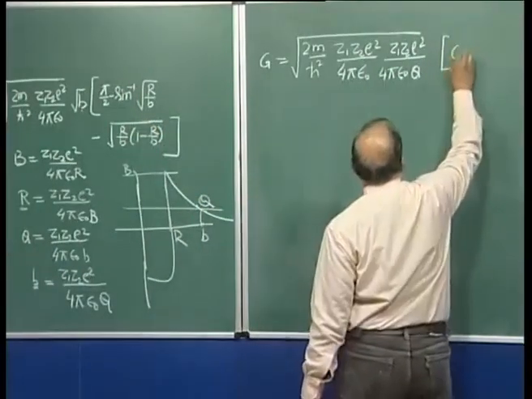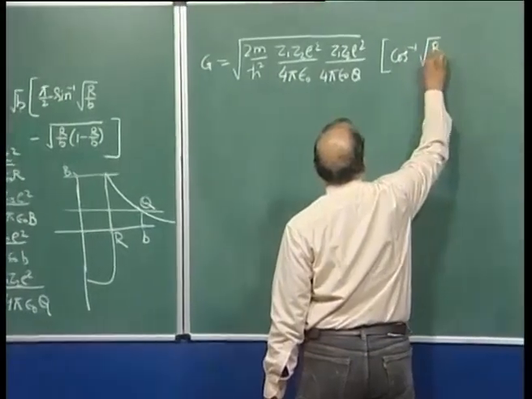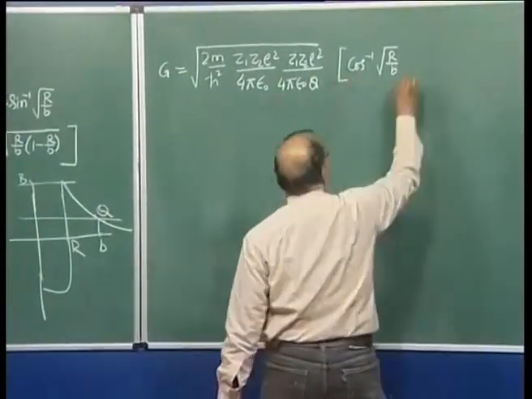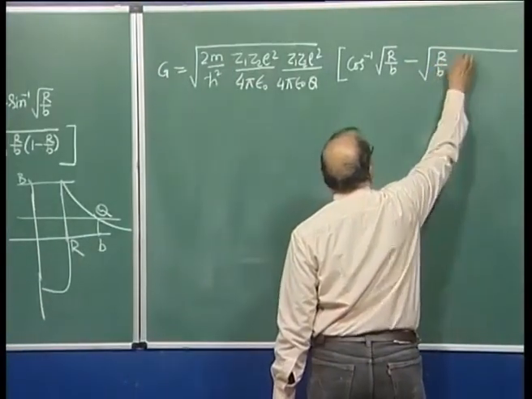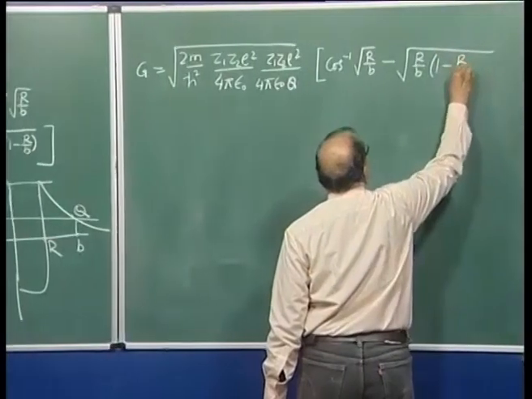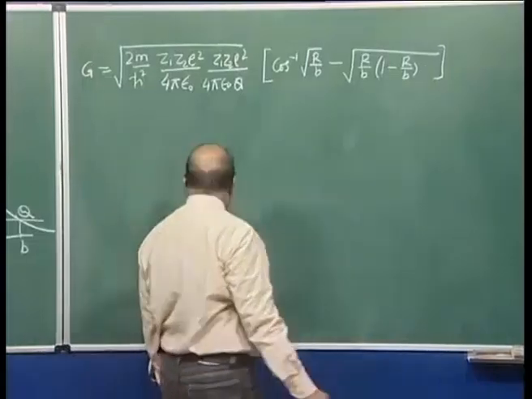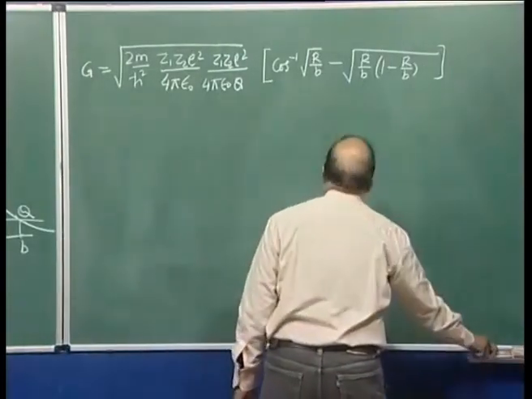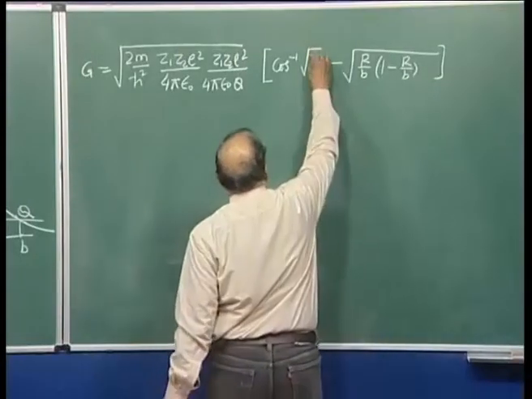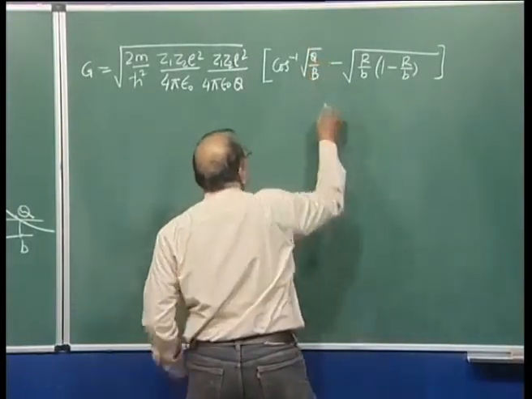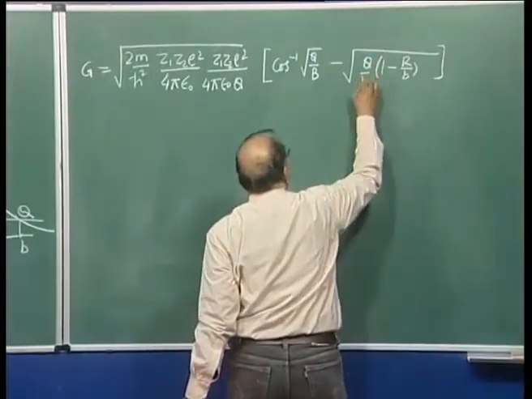So, it is cos inverse of square root of R by b, and then minus square root of R by b times 1 minus R by b. Oh, R by b is capital Q by capital B. So, write it as capital Q by capital B. We are writing everything in terms of capital Q and capital B.